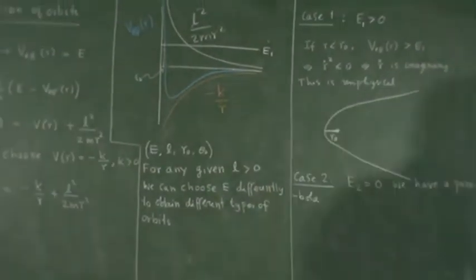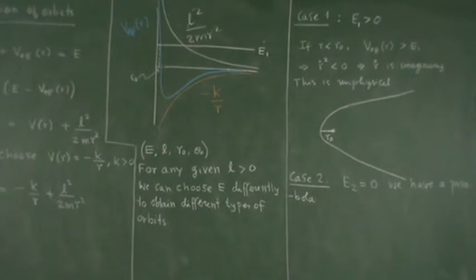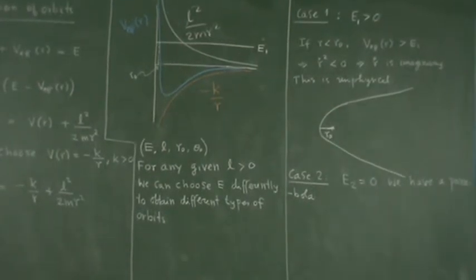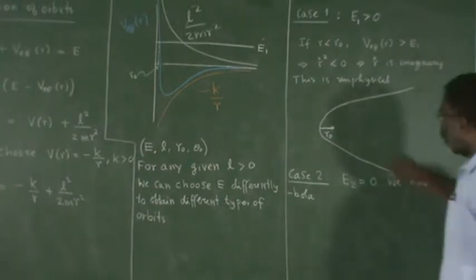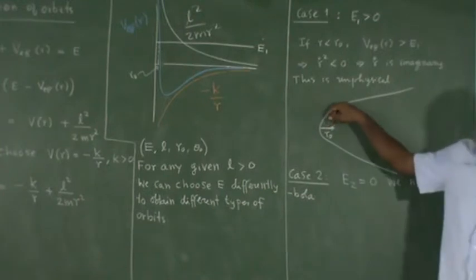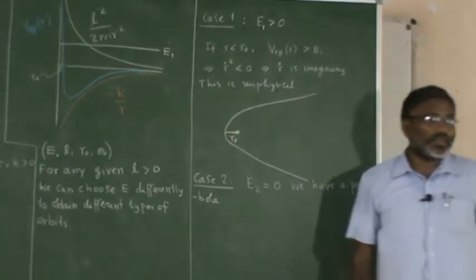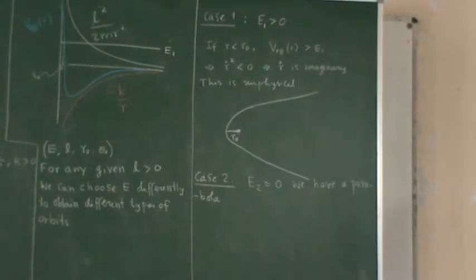See, when R is very small, 1 by R square will dominate over 1 by R. So repulsion dominates. Even though the force is attractive, when it is very close, it is a centrifugal force which will try to push it away. So that is why that is more dominant.